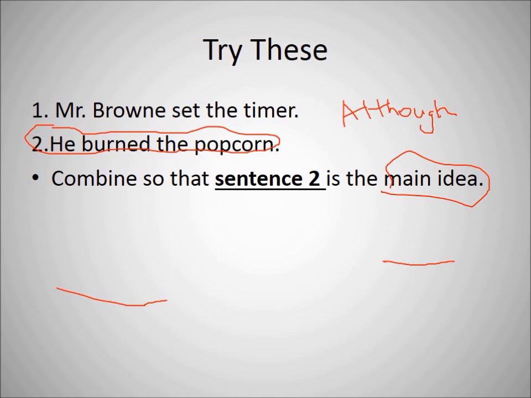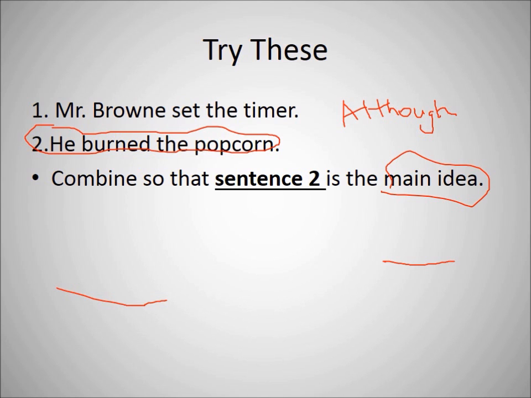Remember, your main idea sentence does not have the subordinate conjunction. I'm kind of walking you through this one, simplifying it as much as I can. That means that the second sentence should not have the word "although." Kind of giving it away here. So "although" is going to go with which sentence? That's right, the first one.